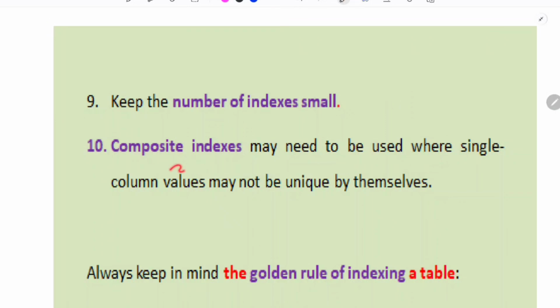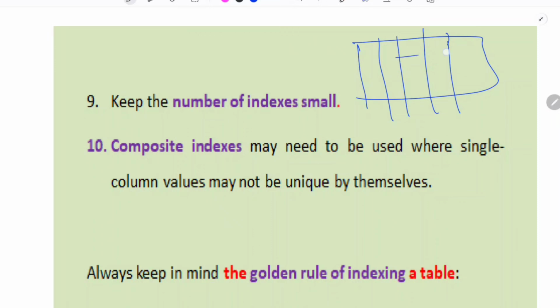And one more very important thing is composite indexes. We mostly make indexes on one column, but sometimes a column has duplicate, repeated values, so we will check another column also. That means instead of making one column the index, we will make two columns together the index.